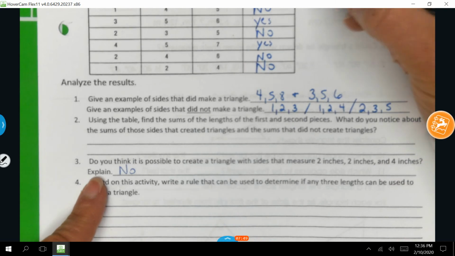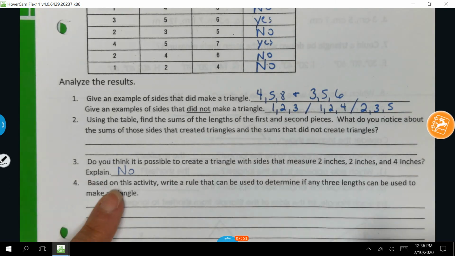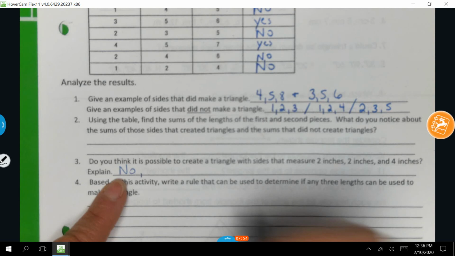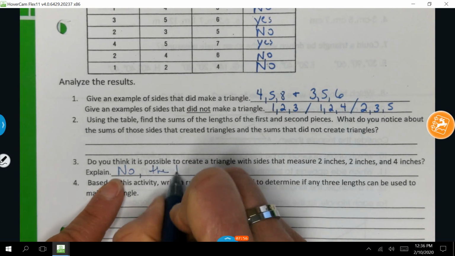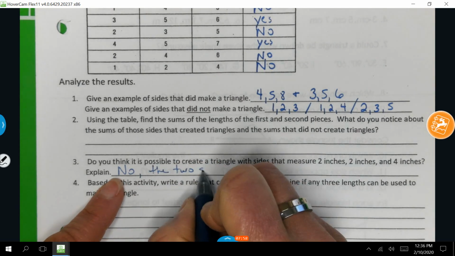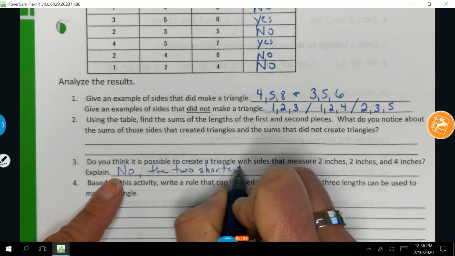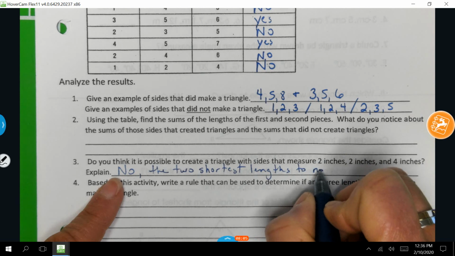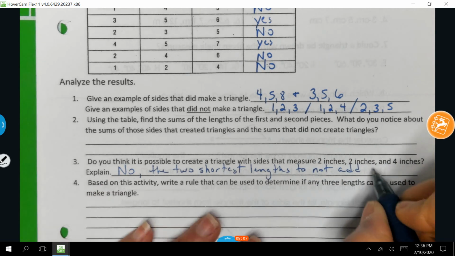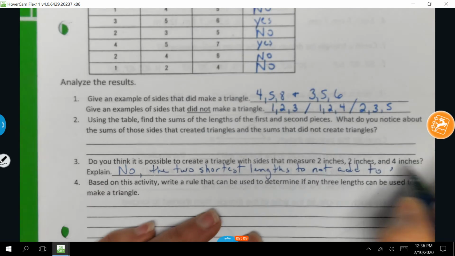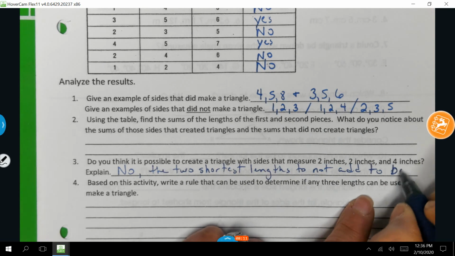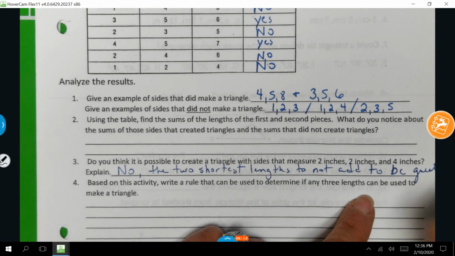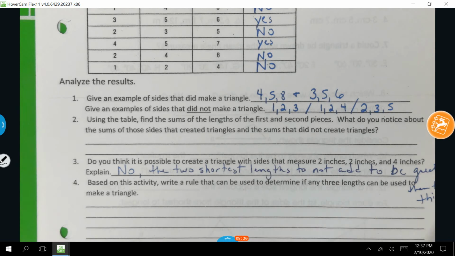No. And you guys picked up on the pattern very quickly. So why won't it? The two shortest lengths do not add to be greater than the third length. Something like that. I mean, that's really bad grammar, but.